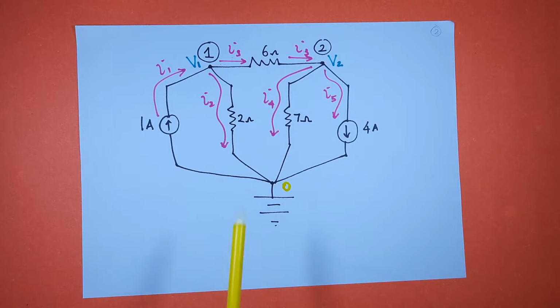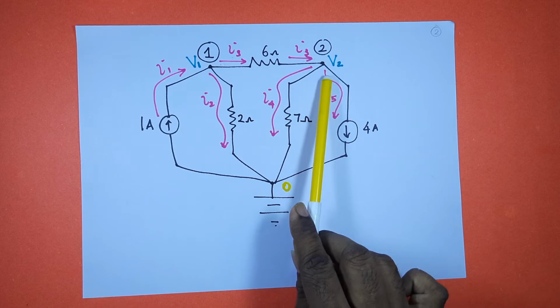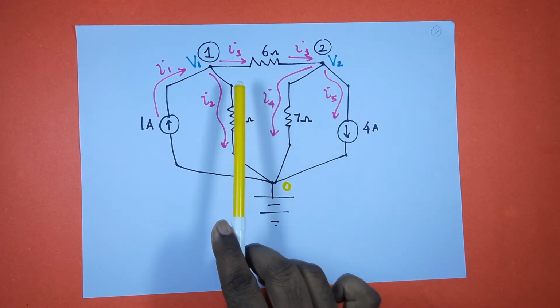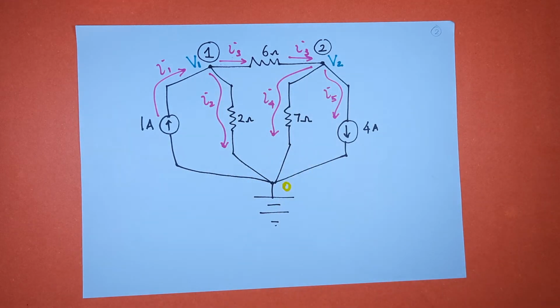Next point: this is node 1 and this is node 2. The current I3 flows from node 1 to node 2. Current always flows from higher potential to lower potential.